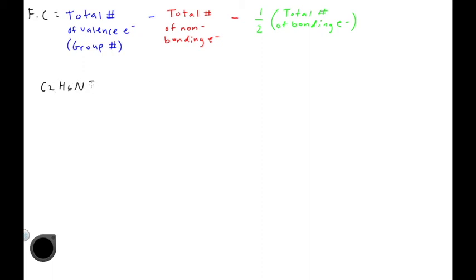And then we will add 1 to that total. So we have 4 plus 4, our carbons, plus 1 times 6 for each of the hydrogens, which is 6, plus 5, and then we want to add 1 to the total, giving us a total of 20 valence electrons.